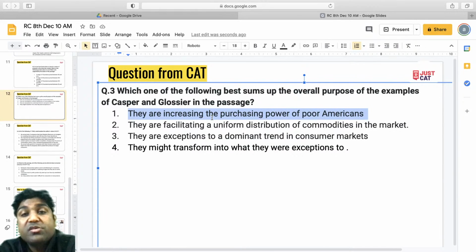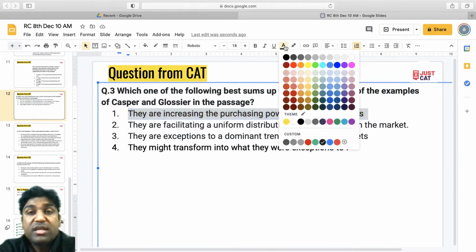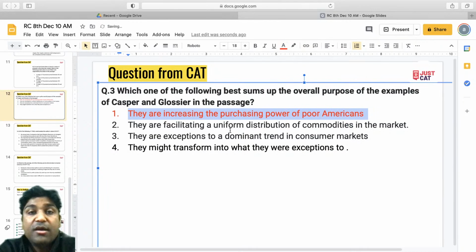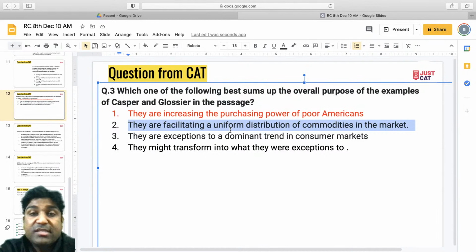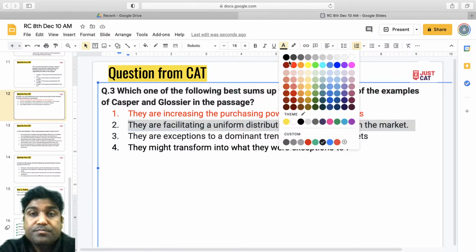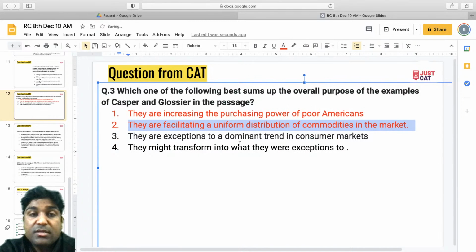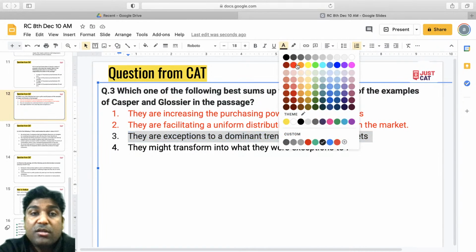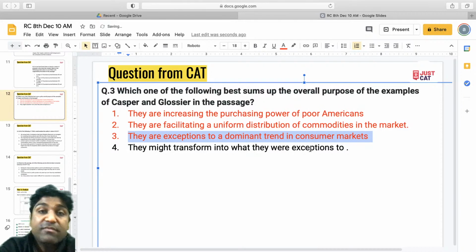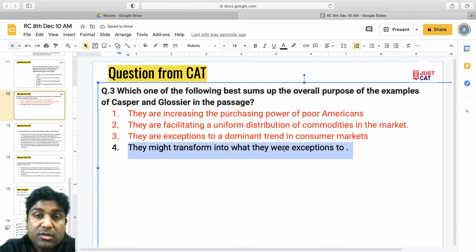They are increasing the purchasing power of poor Americans. This was never mentioned. They are facilitating a uniform distribution of commodities in the market. No, they never said it. There are exceptions to a dominant trend in the consumer market. Not the overall purpose. They initially were, but that is not the overall purpose.